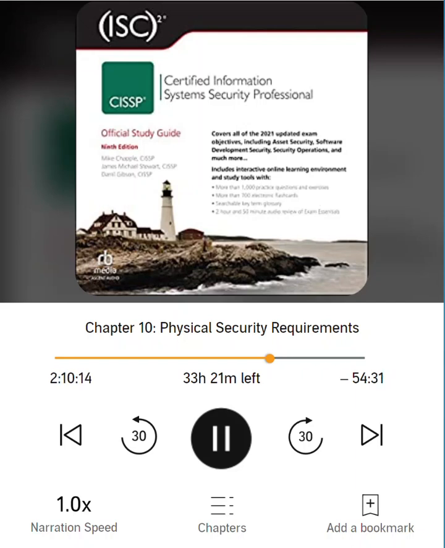Summary. In all circumstances and under all conditions, the most important goal of security is protecting people. Several elements are involved in implementing and maintaining physical security. One core element is selecting or designing the facility to house your IT infrastructure and the operations of your organization.